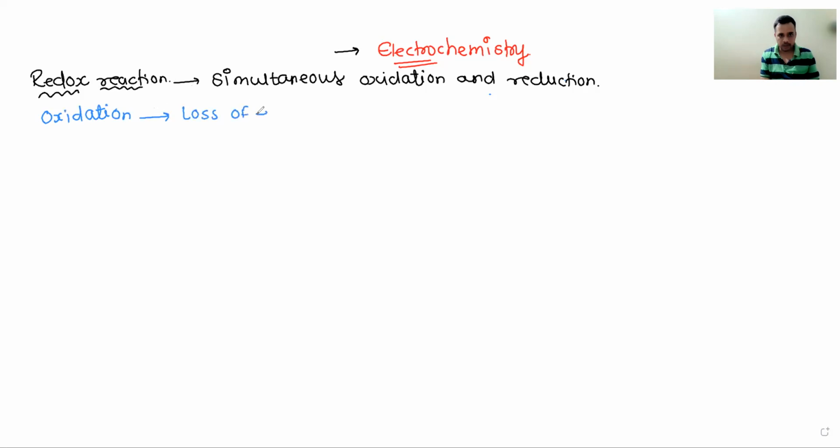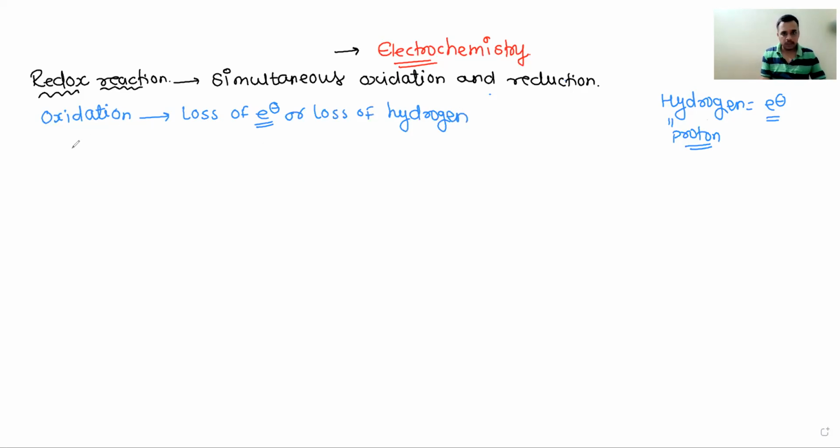So what is electron? In the case of hydrogen, the important point is that we have to treat hydrogen as an electron also and hydrogen as a proton also. In this terminology, loss of electron can also be said as loss of hydrogen, but we are going to use loss of electron itself.